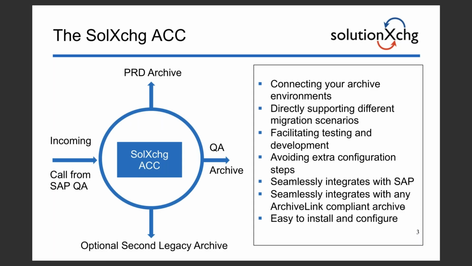A little bit about the tool that is the special focus of today's talk, the SolutionXchg ACC. The main idea of the Archive Content Connector, or ACC, is to connect one SAP system to multiple archives.